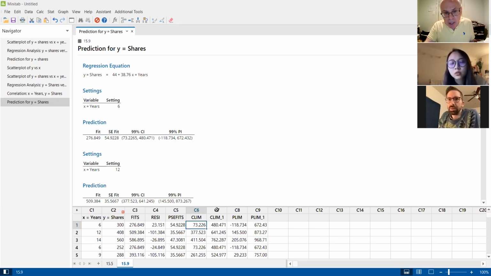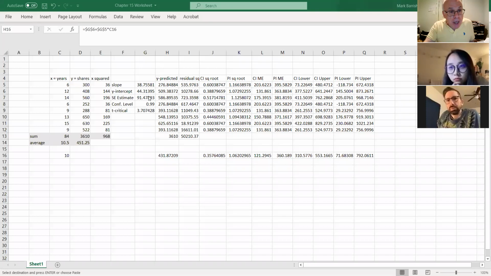You'll find it in Excel in that spreadsheet. So the spreadsheet's going to give you the answer. Let's go back to the spreadsheet for a minute. That standard error of the estimate is dependent on what?